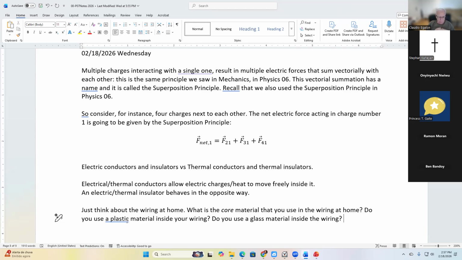Inside the wiring, you have like a cylinder, right? A fiber. The wire is a fiber, right? What is the material that the wire slash fiber is made of?